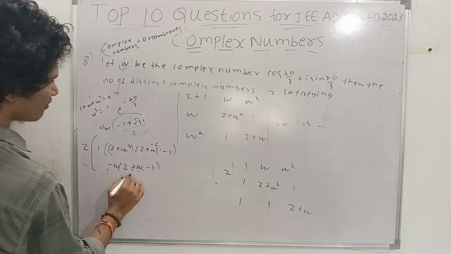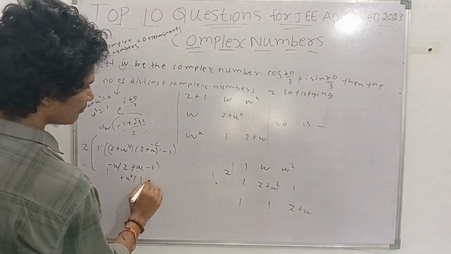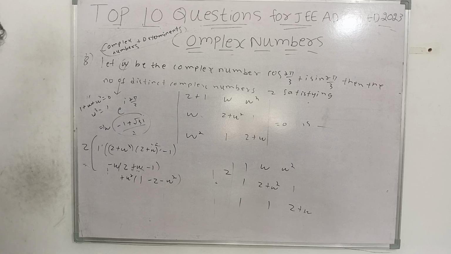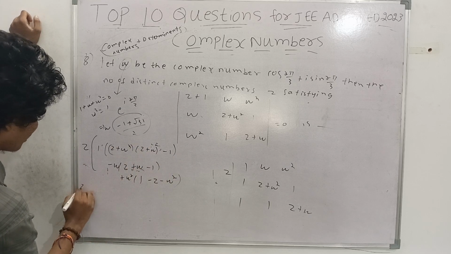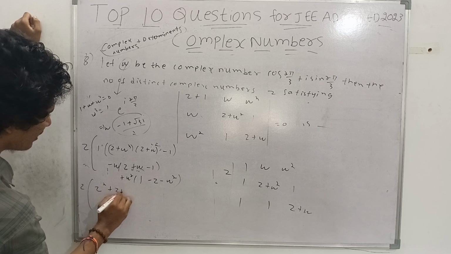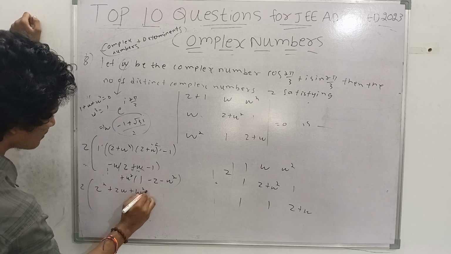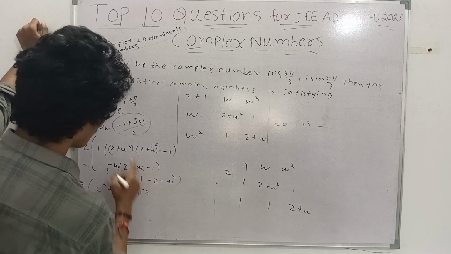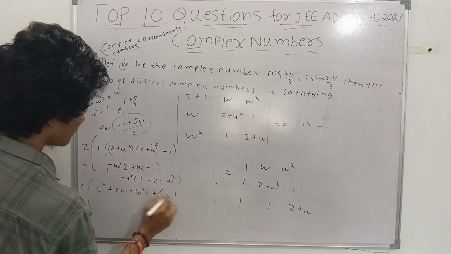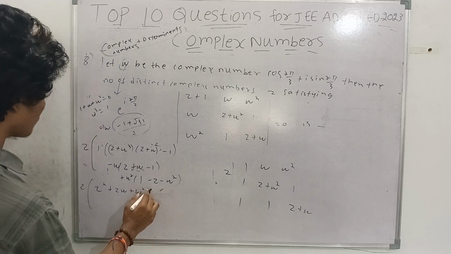Another thing, plus omega square into 1 minus z minus omega square. And if you multiply this entire thing, what you will get? Z square plus z omega plus omega square z plus omega square into omega, it is omega cube, it is 1, minus 1, it is 0. So you can remove this.